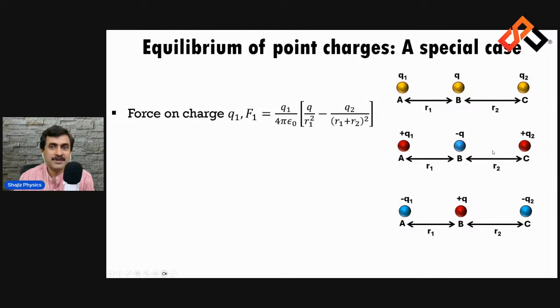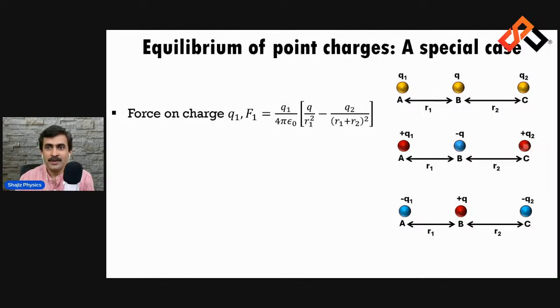Then what will be the nature of the force? Let me take the laser for your better understanding. So Q2 is positive and Q is negative. The force acting on Q2 by Q will be along CB, from C to B, because Q will attract Q2. So it is along the negative x direction.